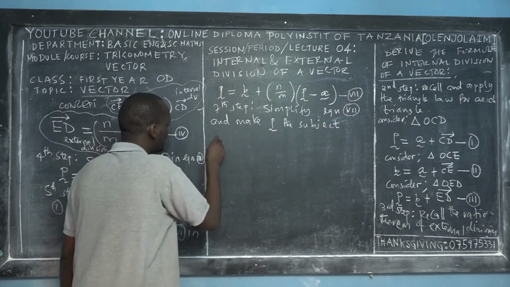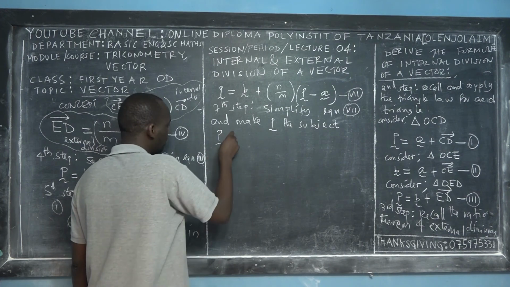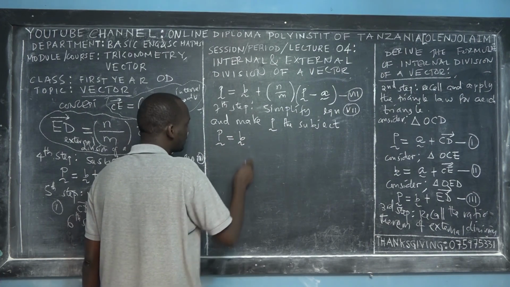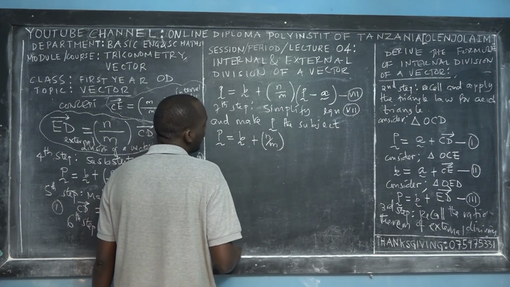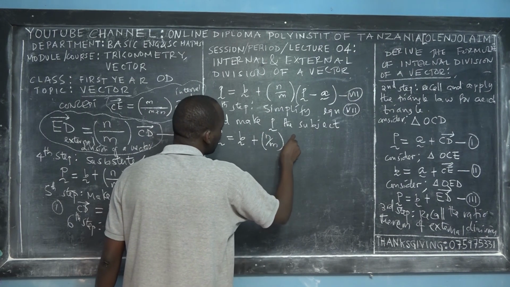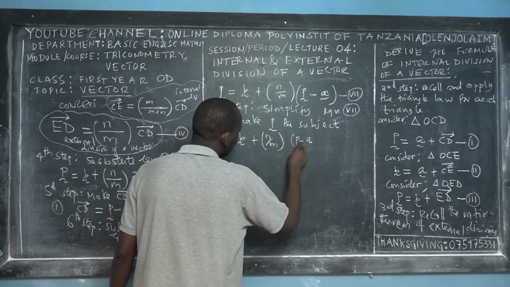So that is good news. So P is equal to vector B plus N over M, and then we have P minus A.